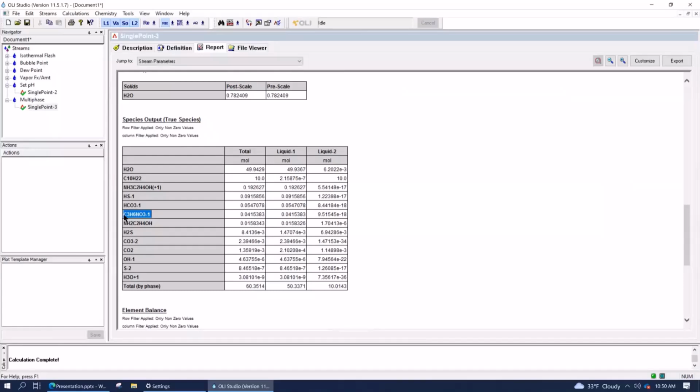Okay. This, I'm not sure what this is. C3H6NO3. That's interesting. I'm not sure what that material is. I'm sorry, guys. But that looks like it formed a different complex. Looks like that might be a complex between the CO2 and the amine.